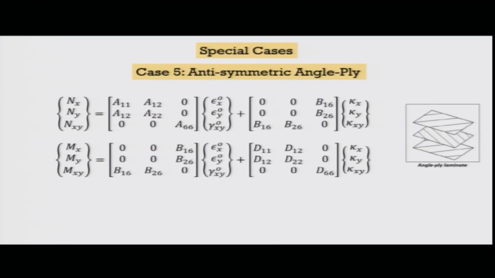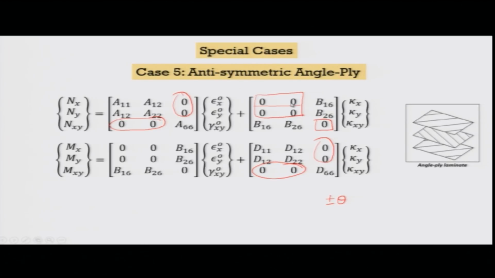Next, if I go to antisymmetric angle plies, which once again consist of plus minus theta, you would see that these parts are 0 as usual. So, these couplings are not there, the stretching and shear coupling and the bending and twisting coupling, but also a good part of the B matrix is 0. For example, this part is 0.